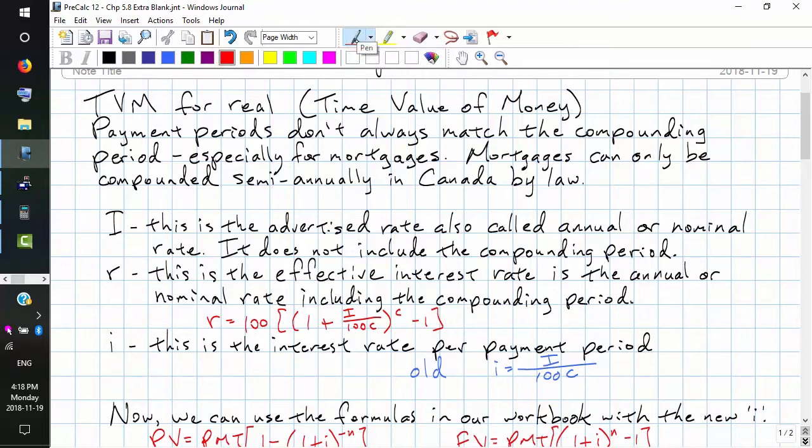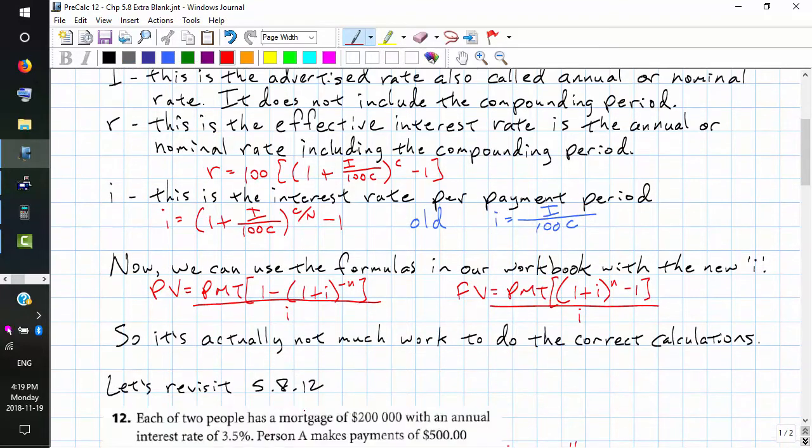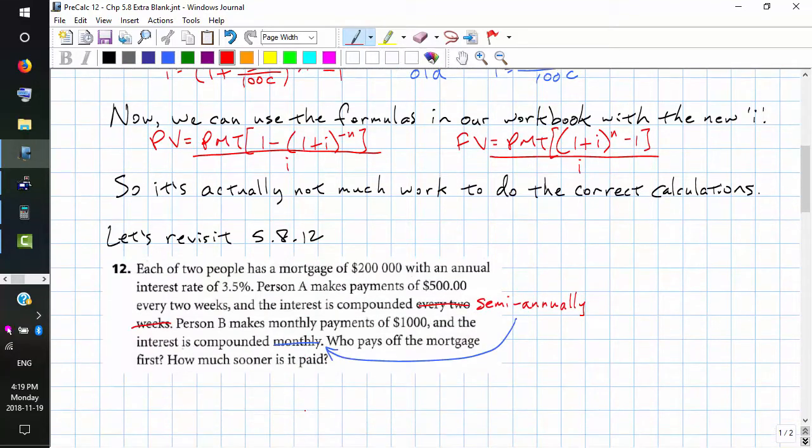However, if we don't have the two matching, the formula is I equals 1 plus I over 100C raised to the power of C divided by N, which is the number of payment periods in a year, subtract 1. Okay, so that's the only change we have. We can use the formulas just like we did before. So really, it's not much more work to do the correct calculations.